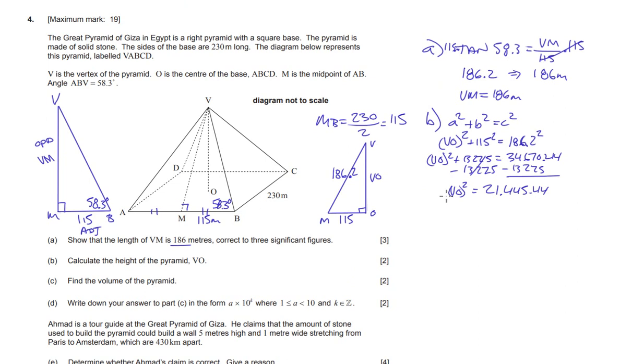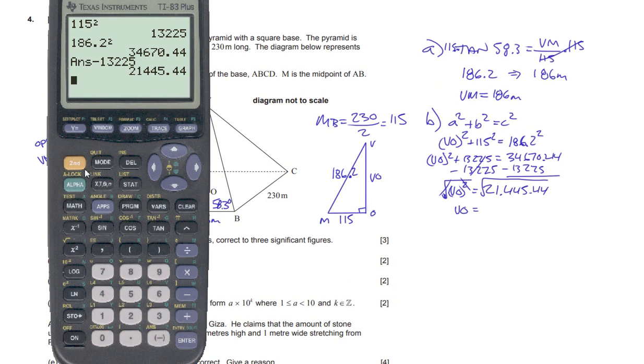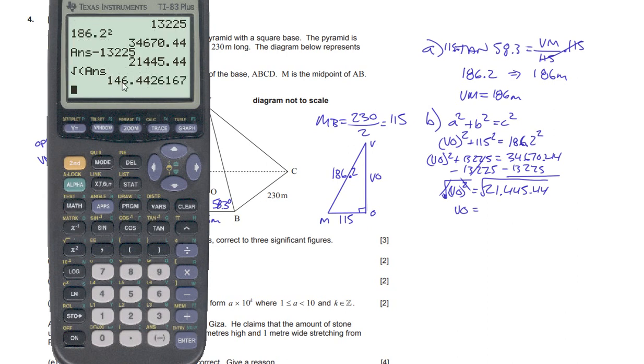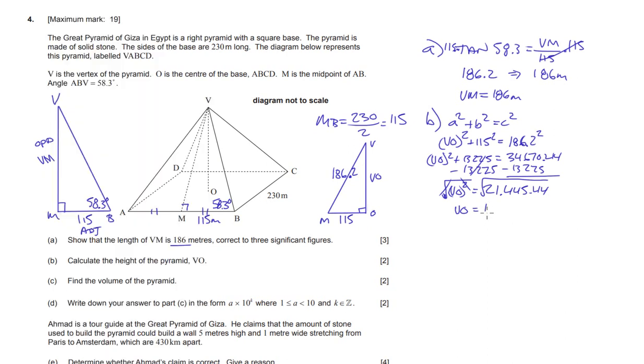And then to get rid of that square, we square root both sides, and we get that side VO. We square root our answer, hit enter, and we get 146.44.